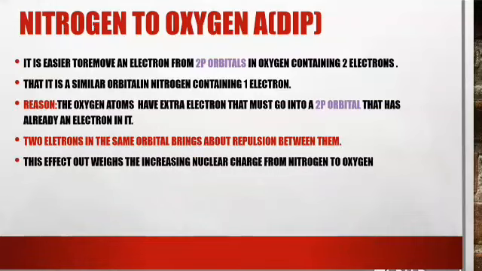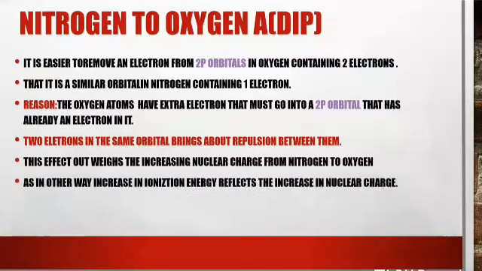This effect outweighs the increasing nuclear charge from nitrogen to oxygen. It is easier to remove an electron from the 2p orbital in oxygen, containing 2 electrons with repulsive force, than from the similar orbital in nitrogen containing only 1 electron.